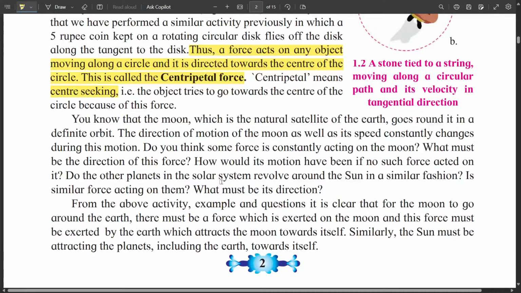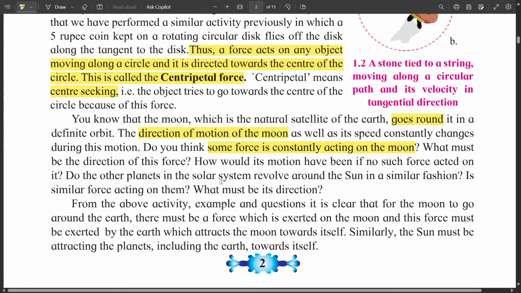You know that moon, which is a natural satellite of the earth, also goes round in a definite orbit. The direction of the motion of the moon continuously changes during its motion. So there must be some force constantly acting on the moon which is responsible for changing the direction of its motion.